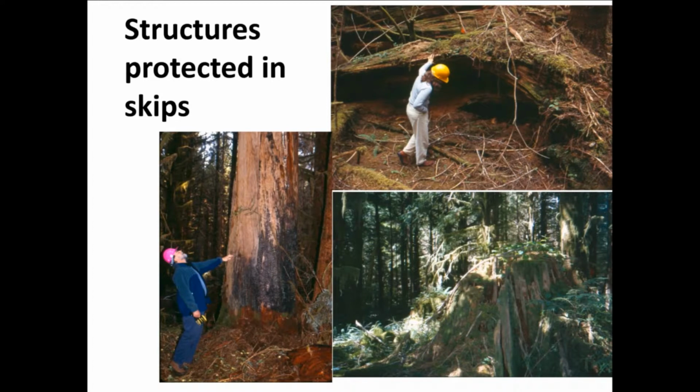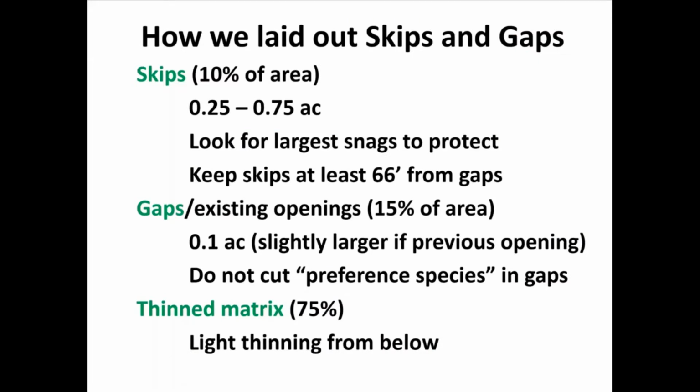We also did some coarse woody debris enhancement to add woody debris cover and increase microsites. Some of the structures we developed in skips included large snags, but also large stumps and areas of large down debris and logs.